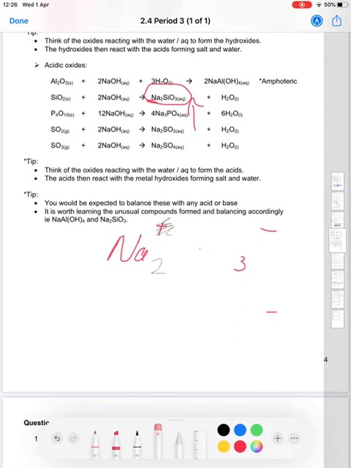The last one, the aluminium one, I'm going to deal with in a lot more detail a little bit later on in the next one. But for now, the best thing I can say is you've always got to learn that it will form sodium aluminium hydroxide. There we go. Sodium aluminium hydroxide.